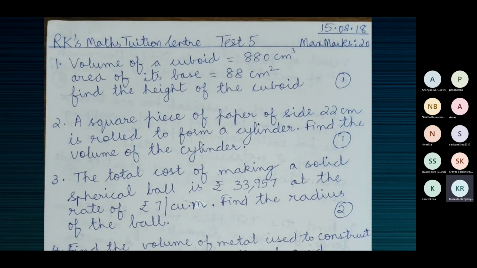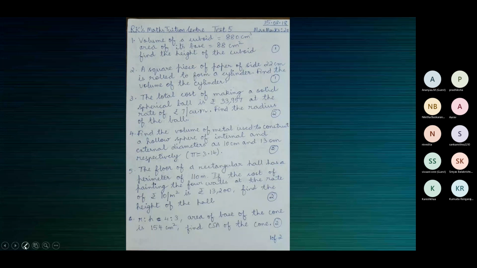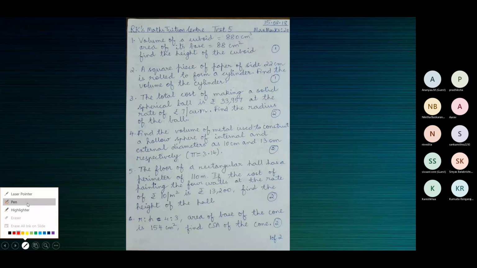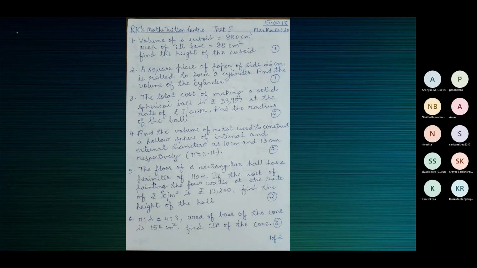What's the height of the cuboid? Volume is 880. Volume is given by area into height.